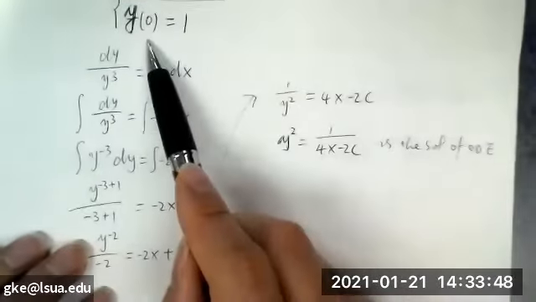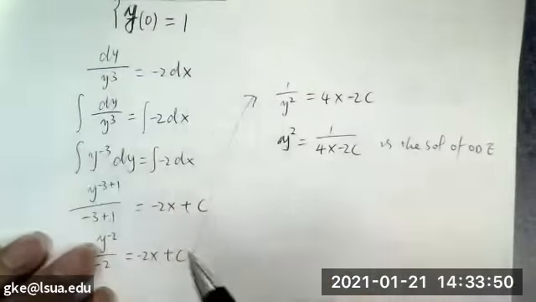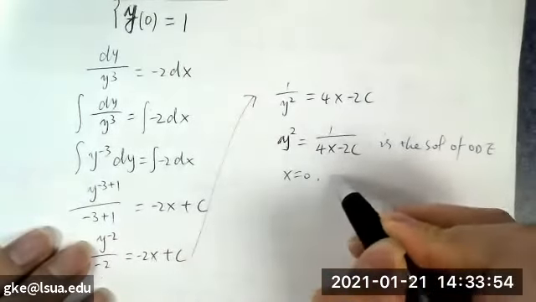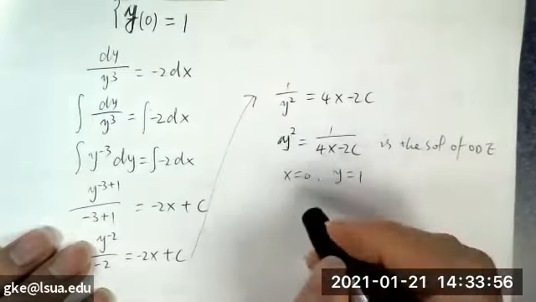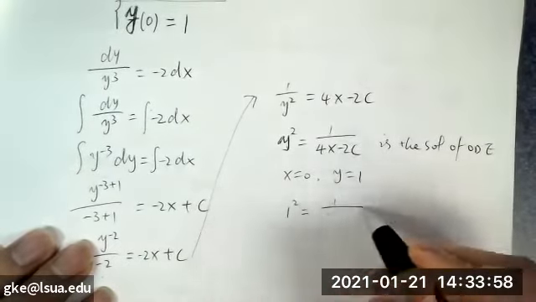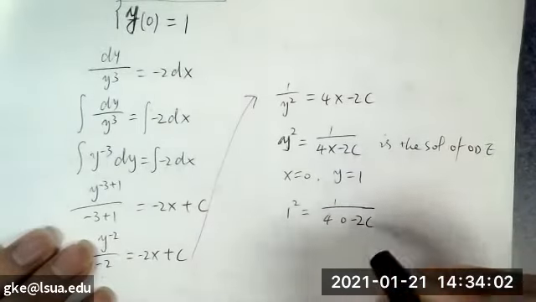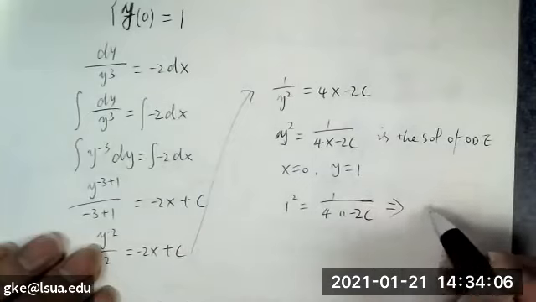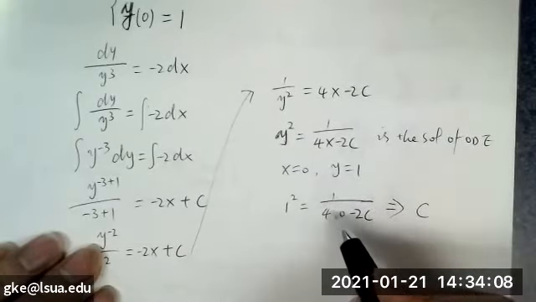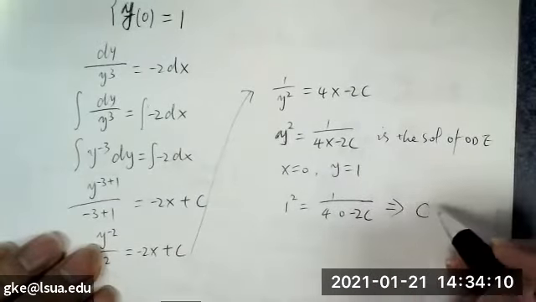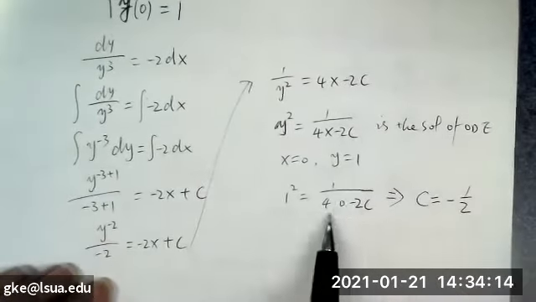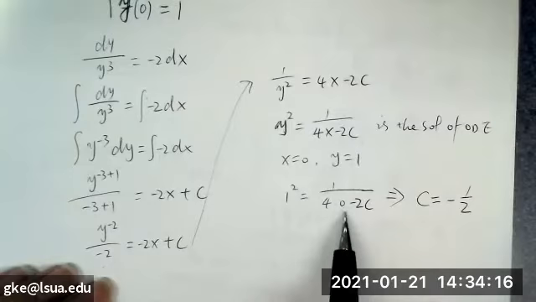Now, after we got the solution, we have an initial condition, right? So when x equals 0, y equals 1. You just plug in. Right? And we're going to get c equals what? Here's 1 equals 1 over negative 2c.